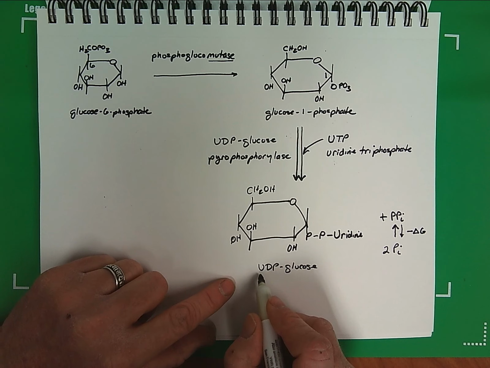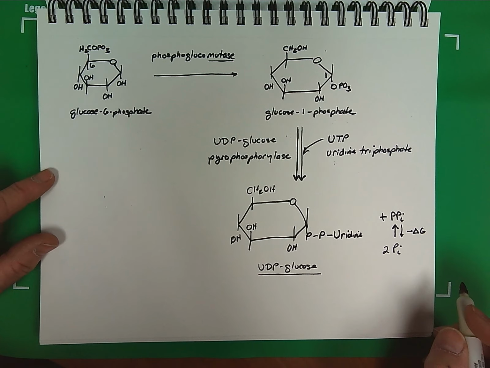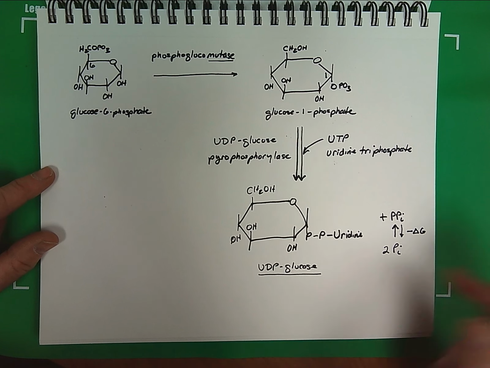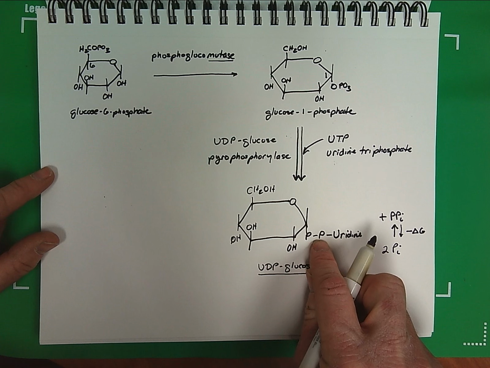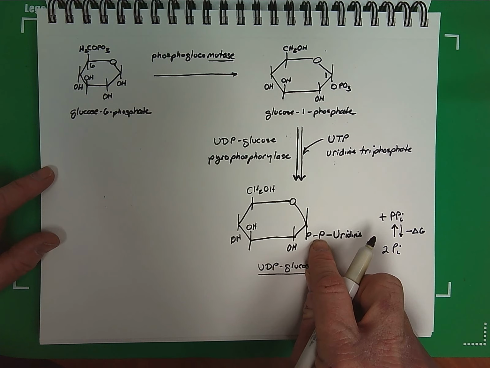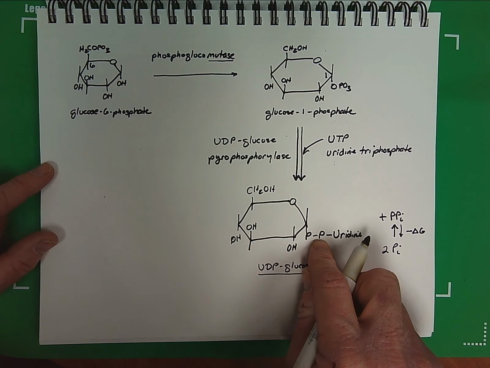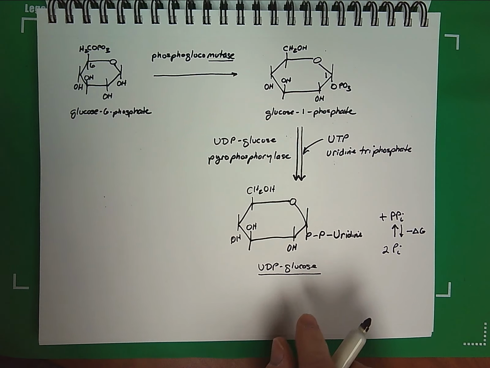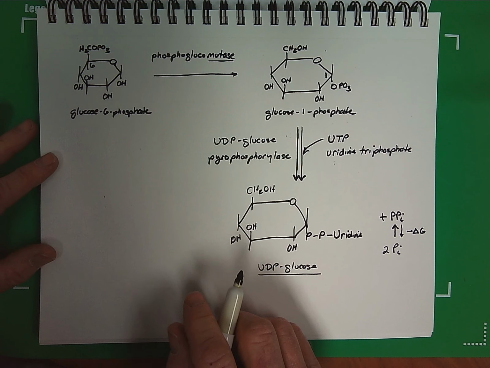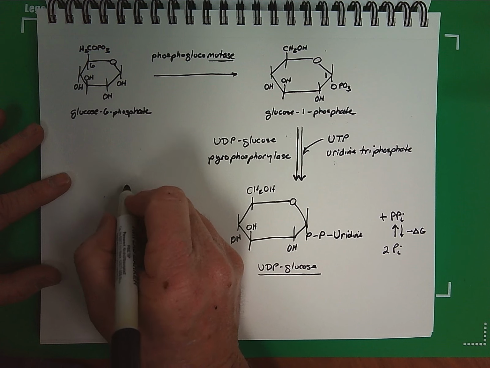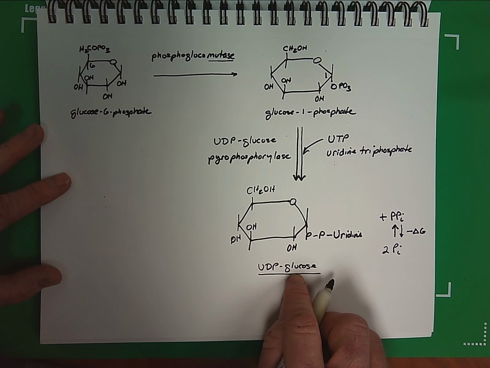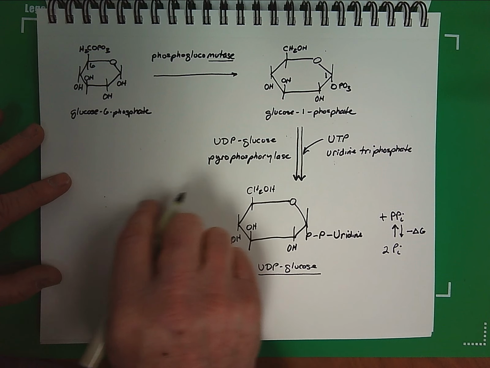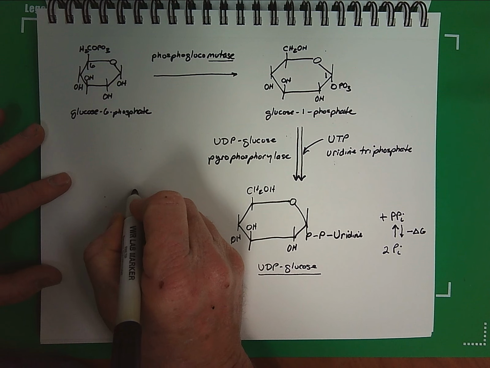So now once we have our UDP glucose, we have the monomer charged with high energy phosphate bonds that can be used for free energy to drive the next reaction, and now we can start synthesizing glycogen. So glycogen is simply the addition of UDP glucose to the growing chain of glucose polymers.